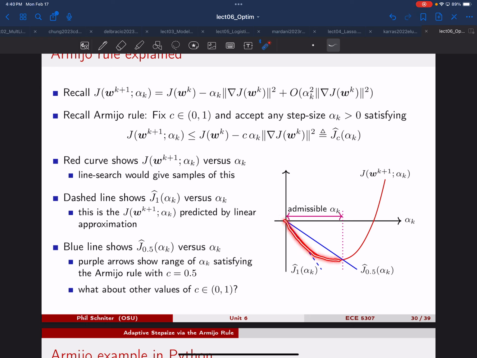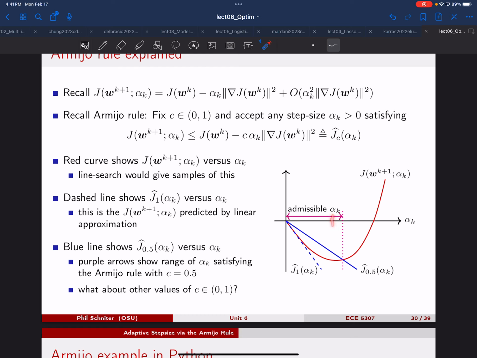Eventually it reaches some sort of optimal point. Then if your step size is too large, you're kind of overshooting. At some point, you overshoot and you end up getting the same cost, but if you increase alpha k even more, then you get even a worse cost. So ideally, we would like to somehow find this step size.